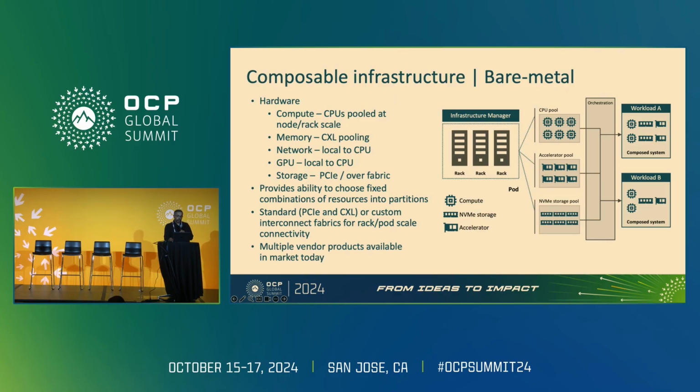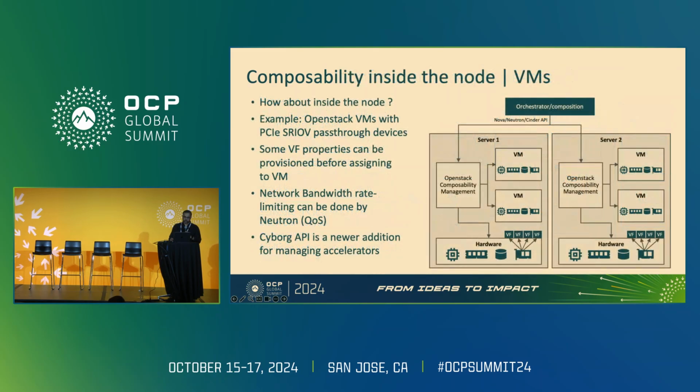So today what we got is an ability to choose fixed combinations of resources and some dynamic combinations of resources that you can do at a rack or pod scale. There are multiple vendor products available in the market today with this kind of infrastructure.